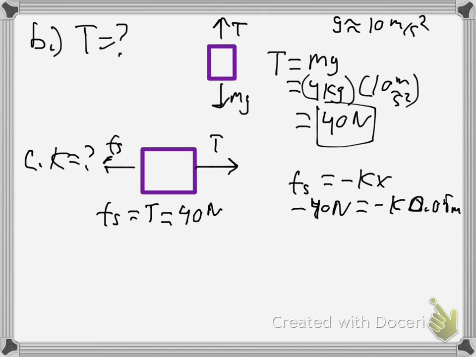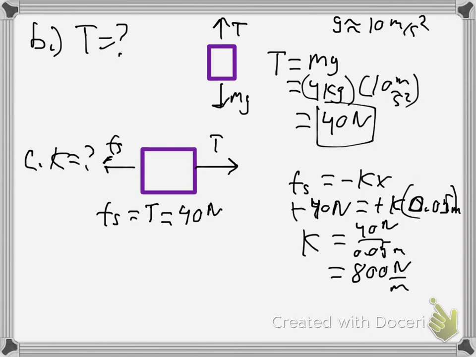We found that on the very first page. So these are going to go away. Then k is 40 newtons divided by 0.05 meters. You get 800 newtons per meter. Wonderful.